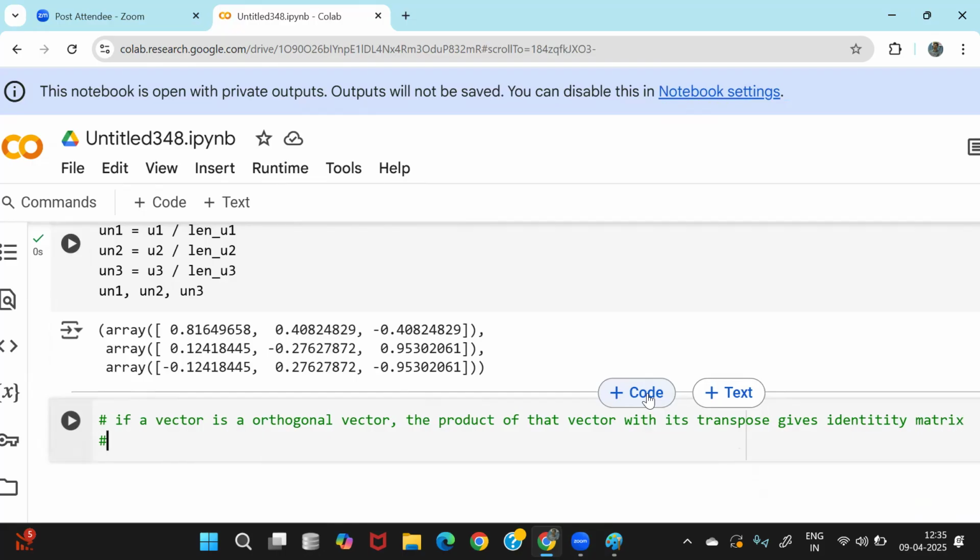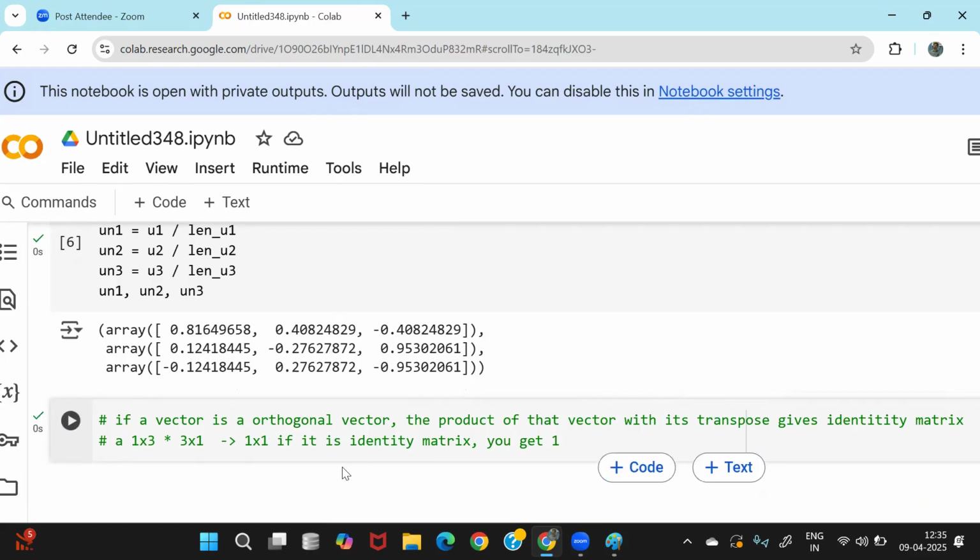Suppose a 1 by 3 matrix is multiplied by its transpose, 3 by 1. We get a 1 by 1 matrix. If it is an identity matrix, you get 1.